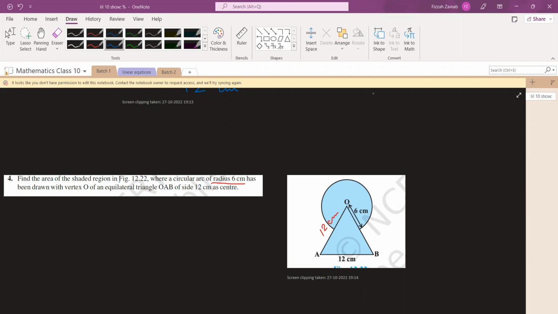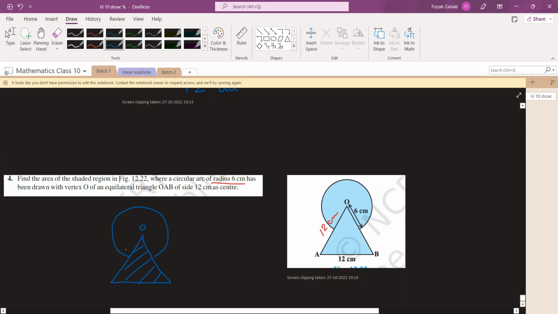Okay. See, there's a problem here. If I just do this thing that I am finding the area of the triangle, right? So that means this complete area I've already found, correct? Okay. Then this is the center and I'm finding the area of the circle. So area of the circle means this complete area, right? Understood? So there's a problem here.